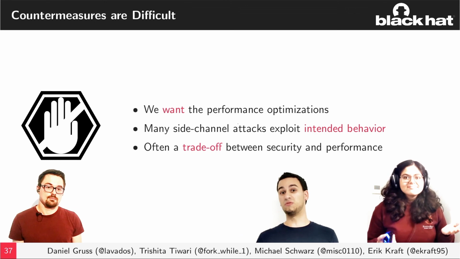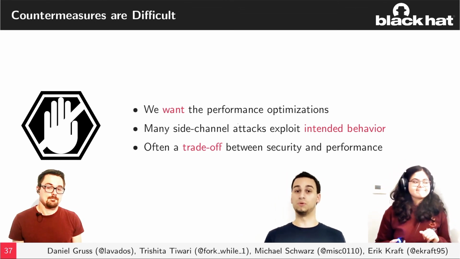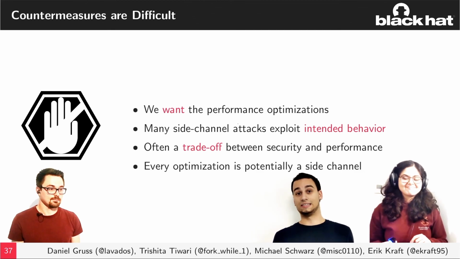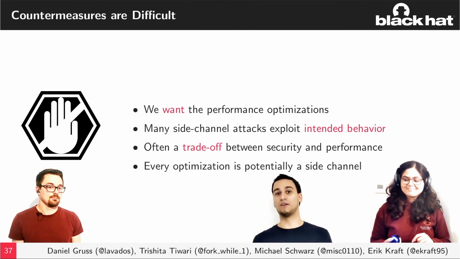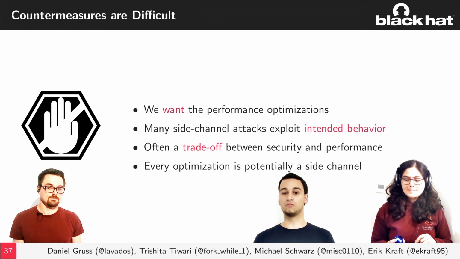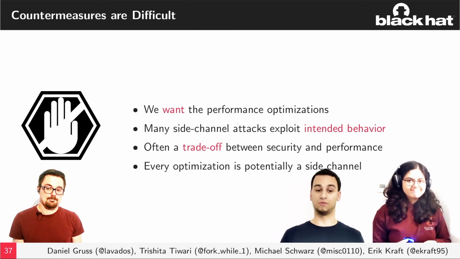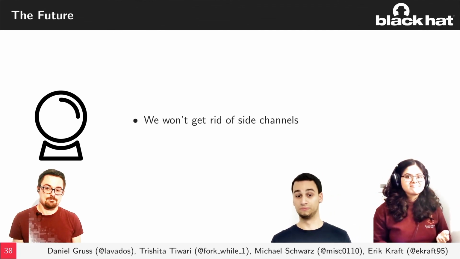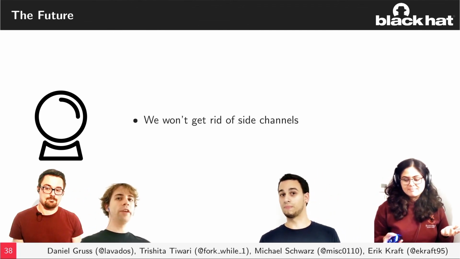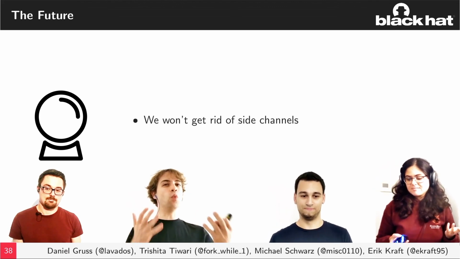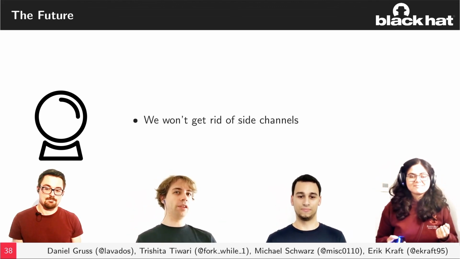So it's really difficult to find this trade-off between security and performance. And every optimization that we have, be it in hardware or software, has this potential side channel if you optimize something for performance. So this does not look very good, right? This means that we won't get rid of side channels because we want the performance advantage.